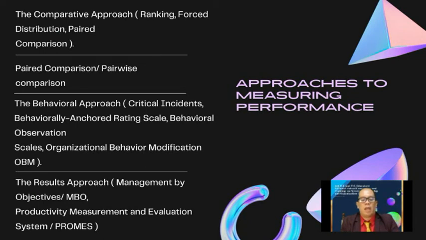Behavioral observation scales, or the acronym BOS, is a variation of the BARS. It differs in two ways. First, instead of discarding large numbers of behaviors that exemplify effective or ineffective performance, it uses many of them to more specifically define all the behaviors that are necessary for effective performance.